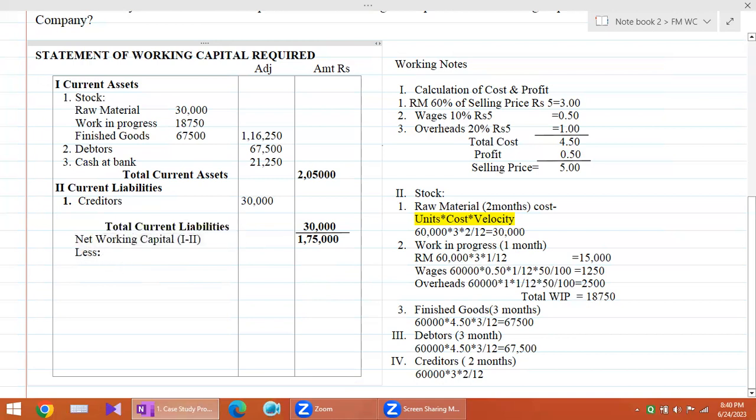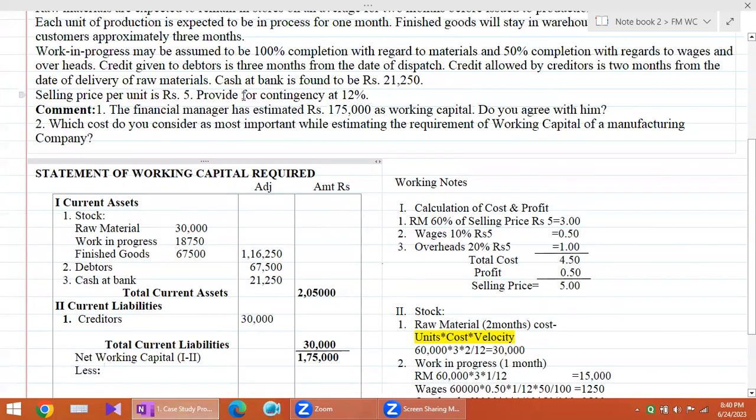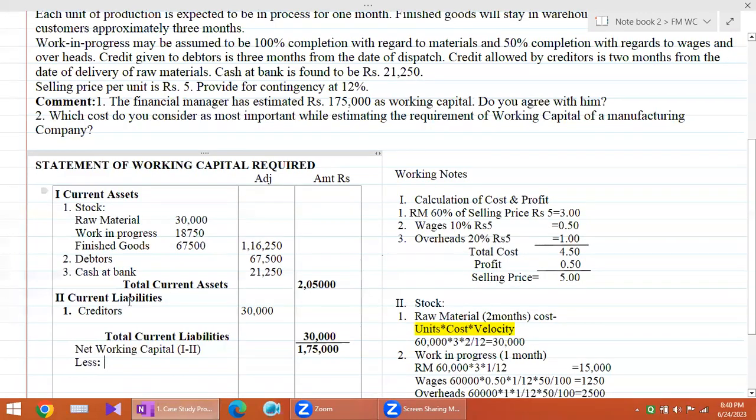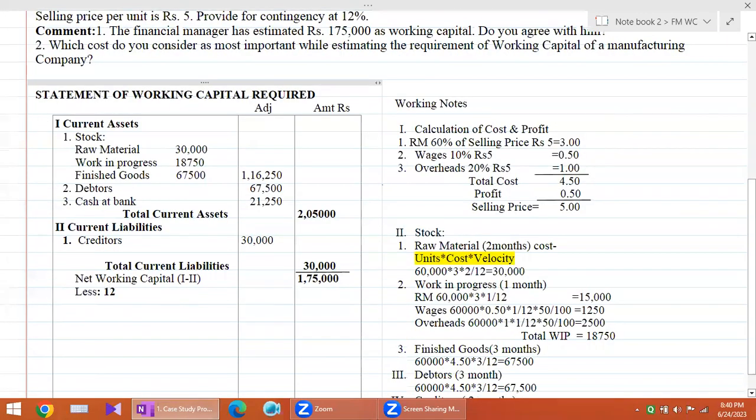How much contingency is provided? They have asked you to create a contingency. The last line is that, provide for contingency 12%. So let's write 12% contingencies. The 12% contingency, what does it mean?